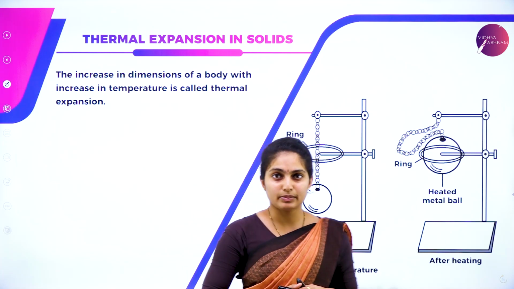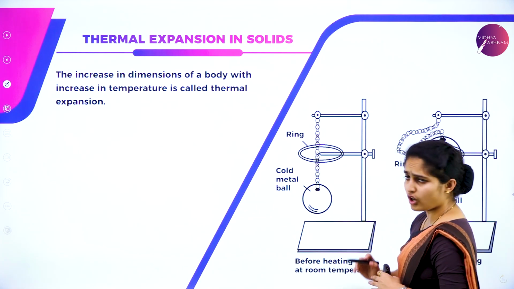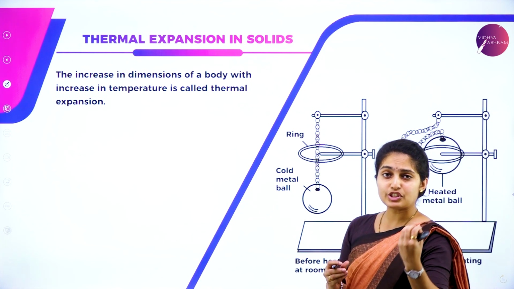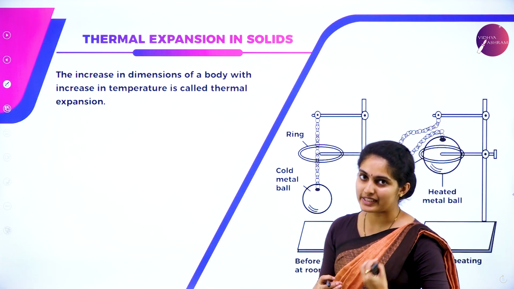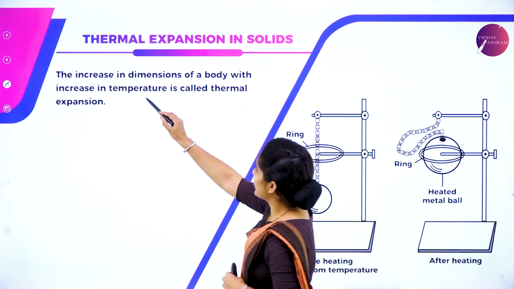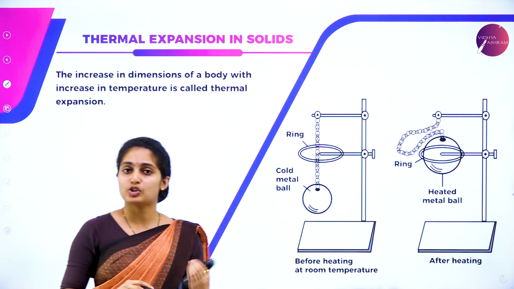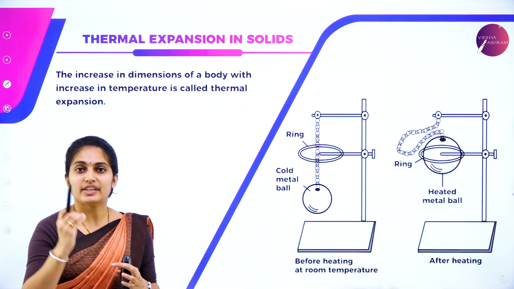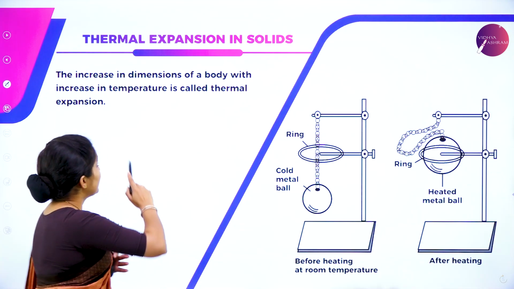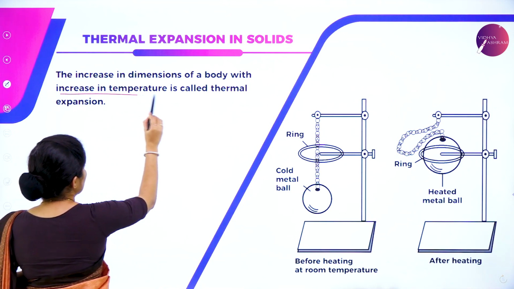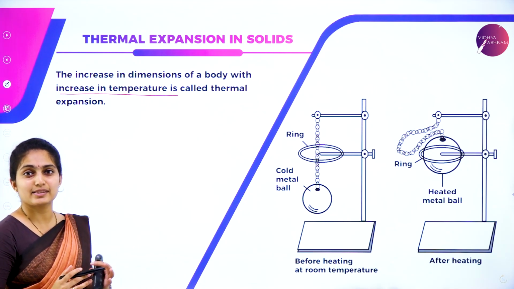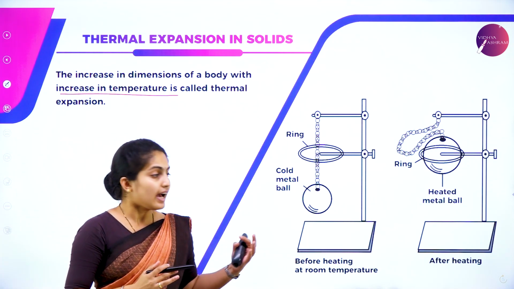What is this thermal expansion in solids? A solid is one in which the molecules are tightly packed or closely held. If you want to increase or decrease the dimensions of certain bodies, temperature is given to it. The increase in the dimension of the body with the increase in temperature is called thermal expansion of a solid. You can see what happens as you heat it.